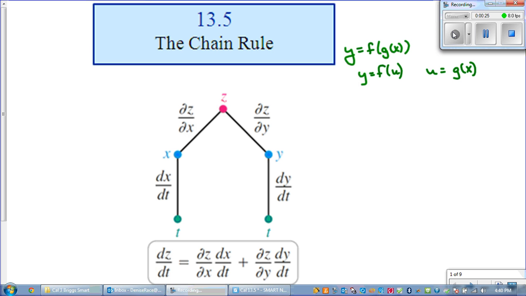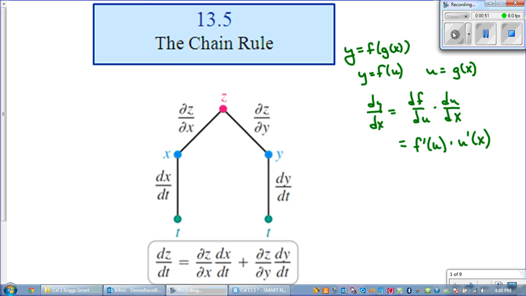And we saw that the derivative of y with respect to x was the derivative of f with respect to u times the derivative of u with respect to x. Or another way to write that was f prime of u times u prime of x.